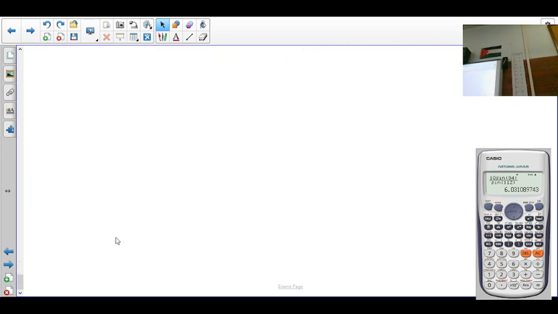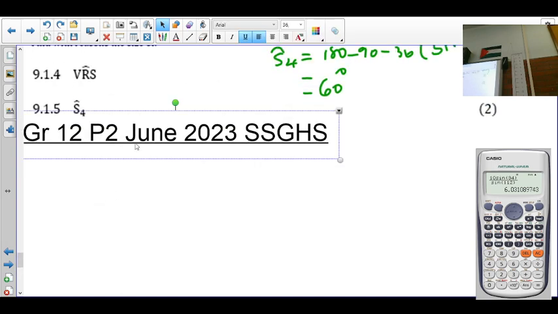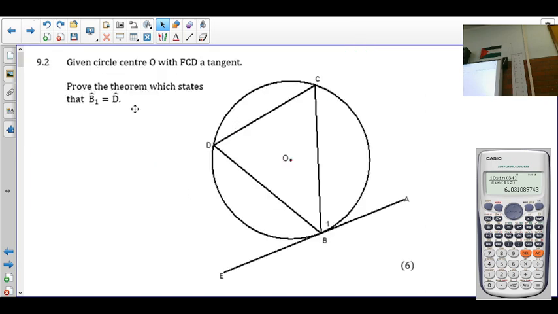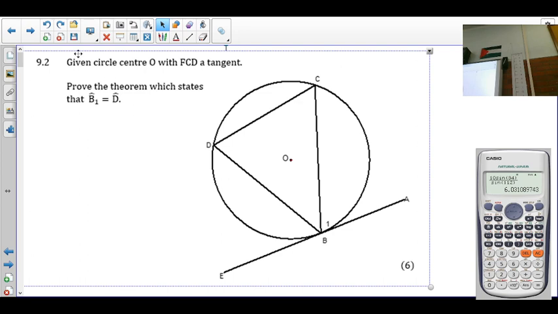So move to this diagram. So O2, given circle center O, if CD is a tangent. It's supposed to be BCD, no?